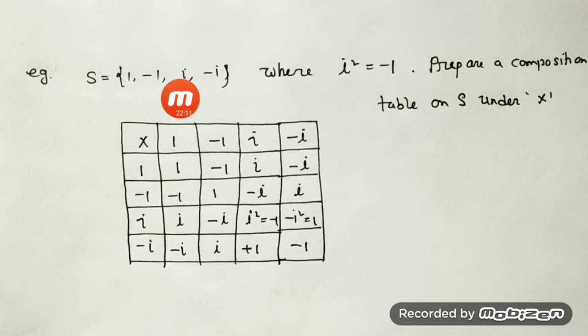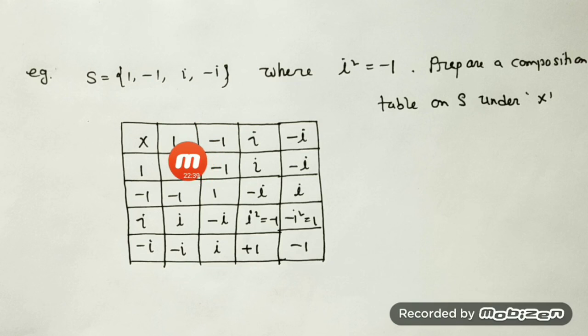So since S contains 4 elements, you take 5 rows and 5 columns. Here I am taking 1, 2, 3, 4, 5 rows, and vertically 1, 2, 3, 4, 5 columns. Then at the corner you write down the operation. Your operation is multiplication, so I am writing the operation.